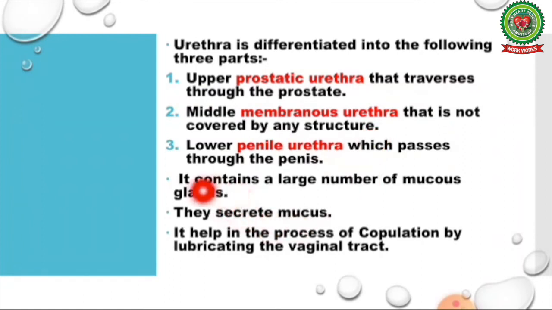Third one, the lower part of the urethra, that is known as penile urethra, which passes through the penis. It contains a large number of mucus glands. They secrete mucus. It helps in the process of copulation by lubricating the vaginal tract.